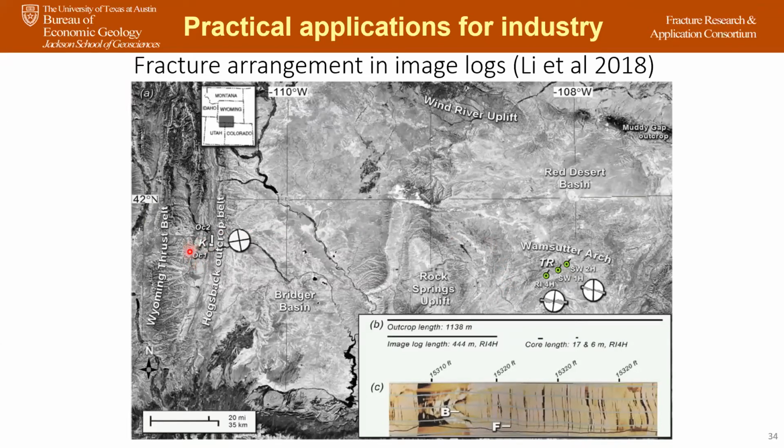And these two outcrops have pavements of the Frontier Formation, and they were also able to analyze the spatial arrangement in scan lines that were acquired in these outcrops. Here on the bottom, you see an example of an image log going through one of these wells, where you can see some fractures. These are horizontal wells, so the fractures appear as very high angle features, and the bedding here as a low angle feature, as you can see.